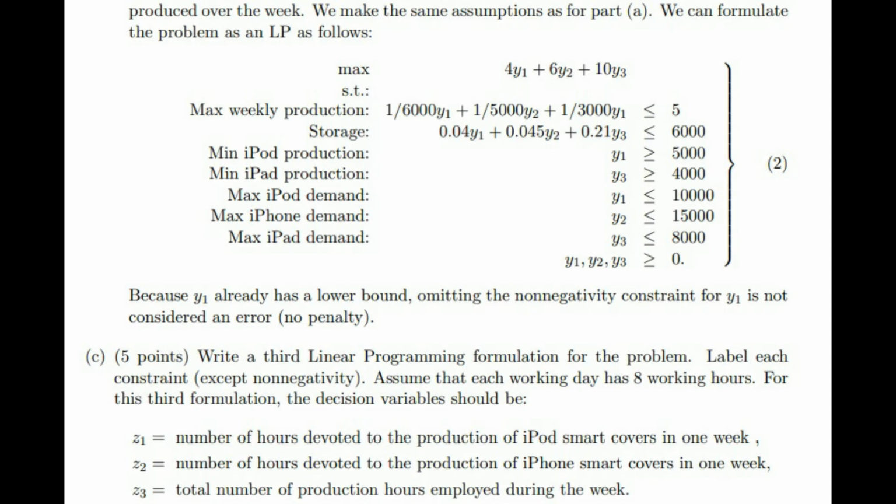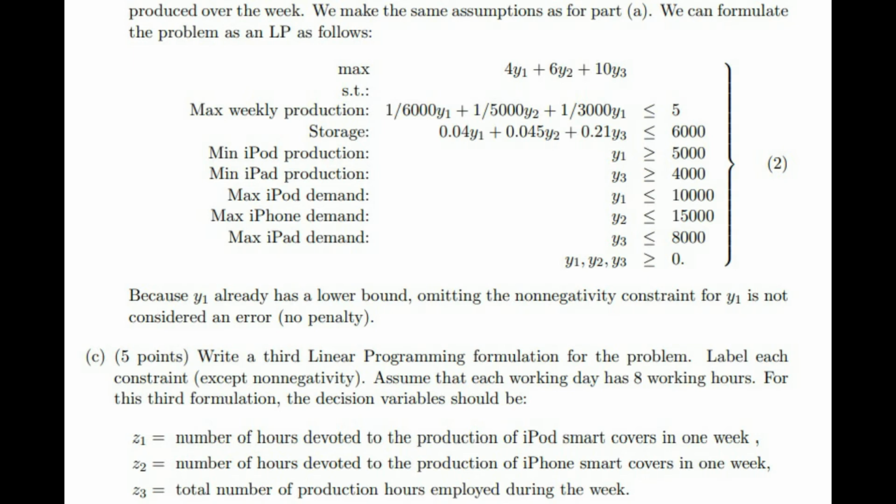Storage: 0.04 Y1 plus 0.045 Y2 plus 0.21 Y3 is less than or equal to 6,000. Minimum iPod production: Y1 is greater than or equal to 5,000.